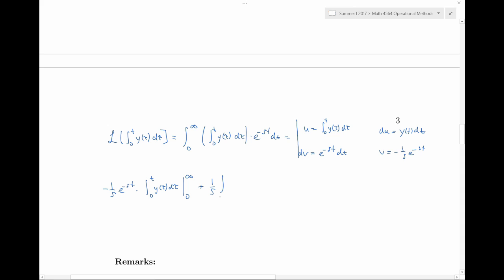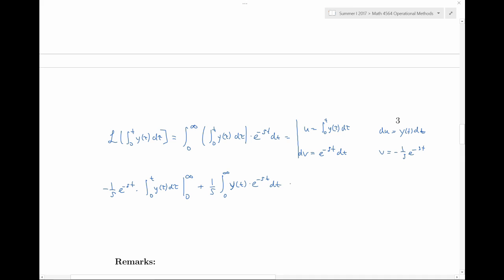And I'm going to factor out 1 over s out of the integral. The last integral is undoubtedly the Laplace transform of y.